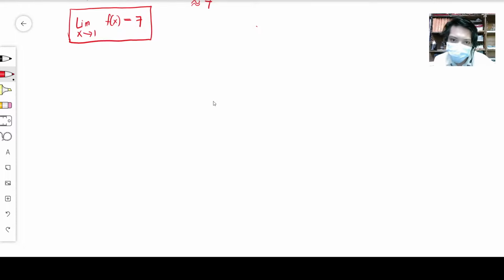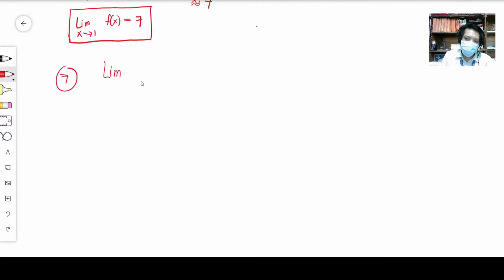Okay, the next example, we're trying to solve for the limit of a certain function as x approaches infinity. So how about finding the limit of a function when x approaches infinity? This is example number 7.